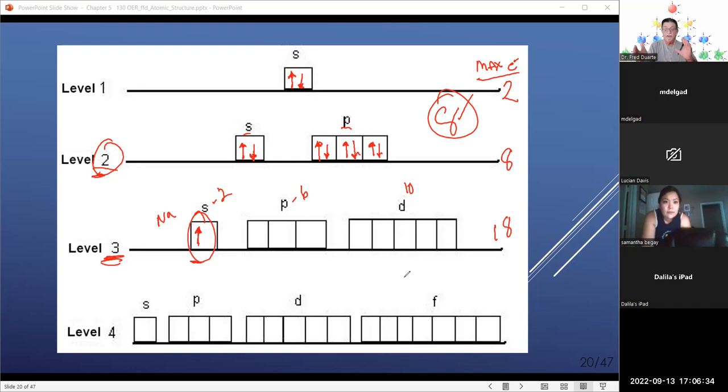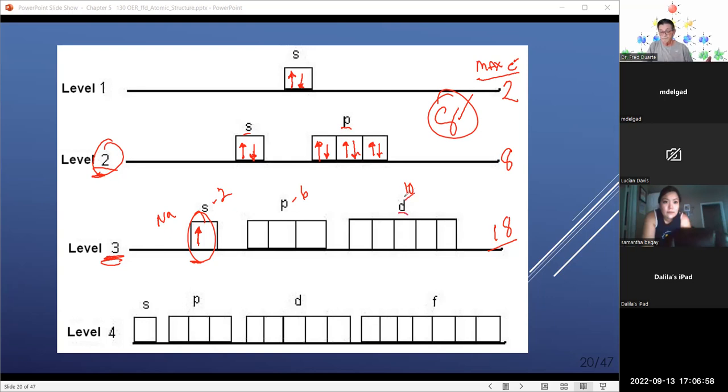So occasionally, be careful with the question asked. They may say, what is the maximum number of electrons for the third energy level? Okay, well, 18, because I've got 5 D's, 3 P's, and 1 S. That would be different than asking what is the maximum number of electrons that I can put in the D orbitals, which would be 10.